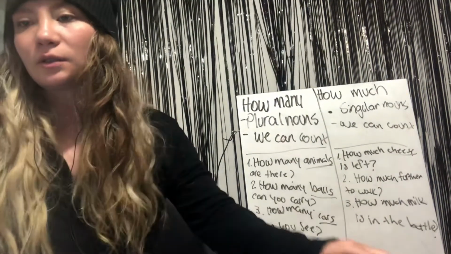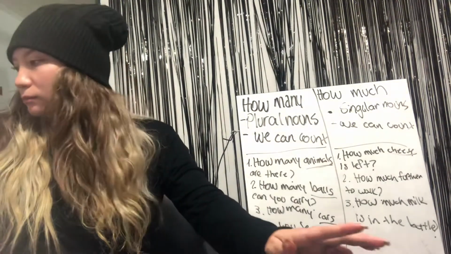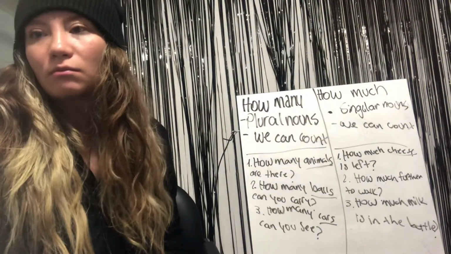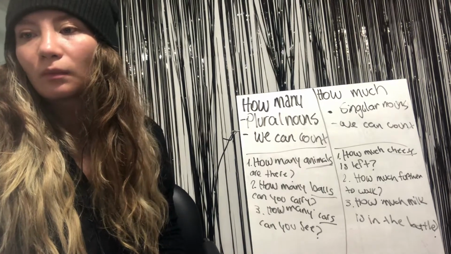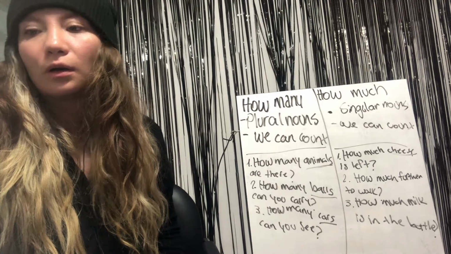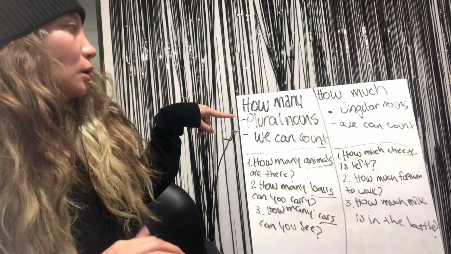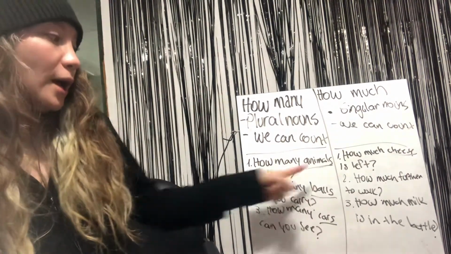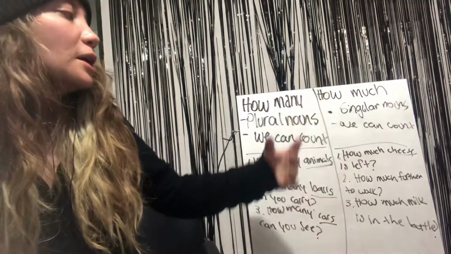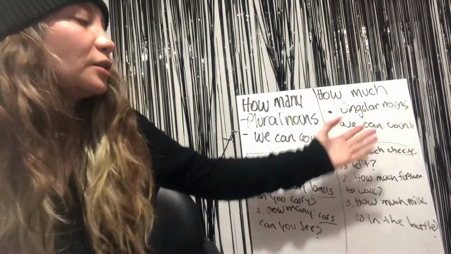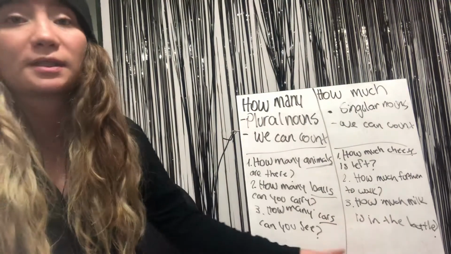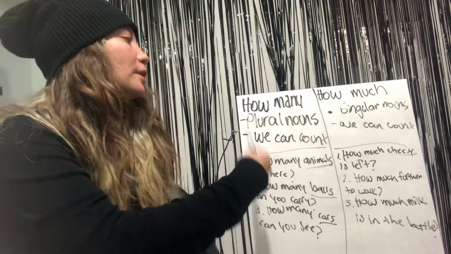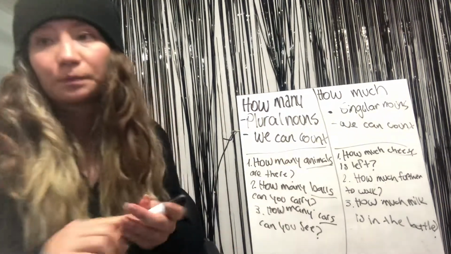Okay, so you can notice that my examples contain plural nouns with how many. Here we have animals, balls, cars. And here we have singular nouns in these examples. So you can notice the difference with how many and how much.